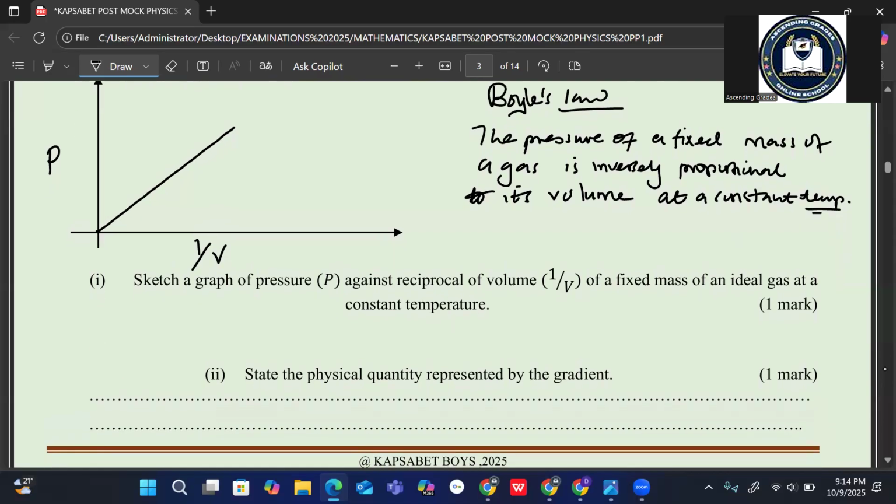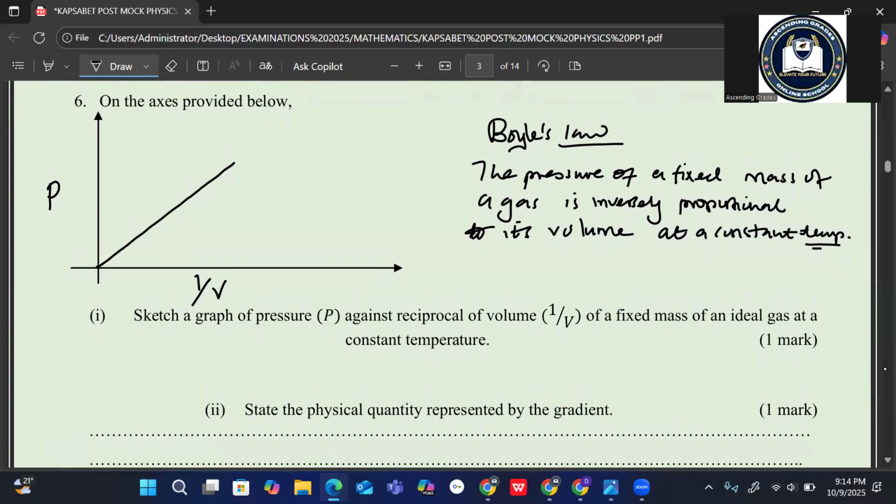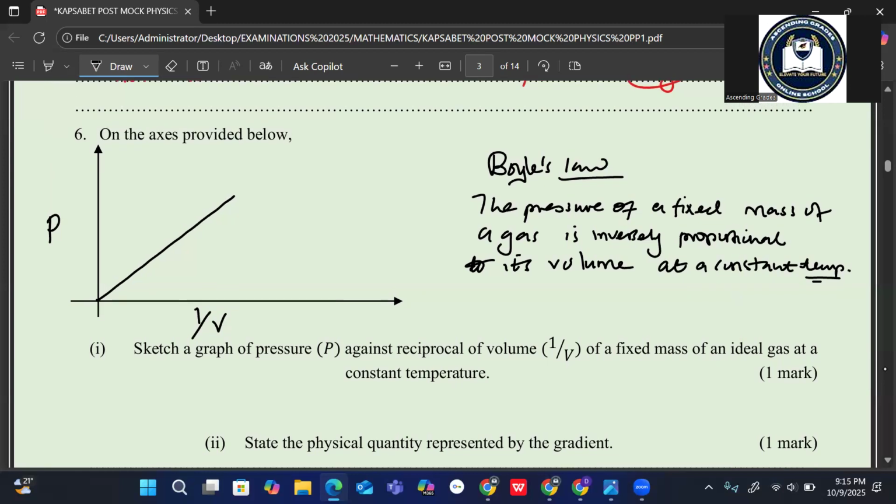So now we are told to state the physical quantity represented by the gradient. We are going to have a very long story here, but I'll try my level best to make it very short. This is not of our level. The equation is PV equals nRT, where n is the number of molecules.